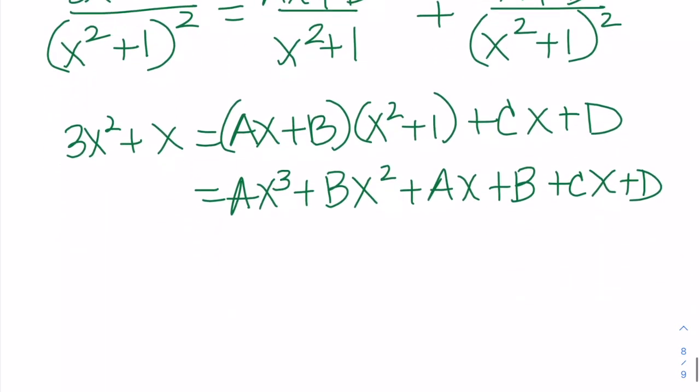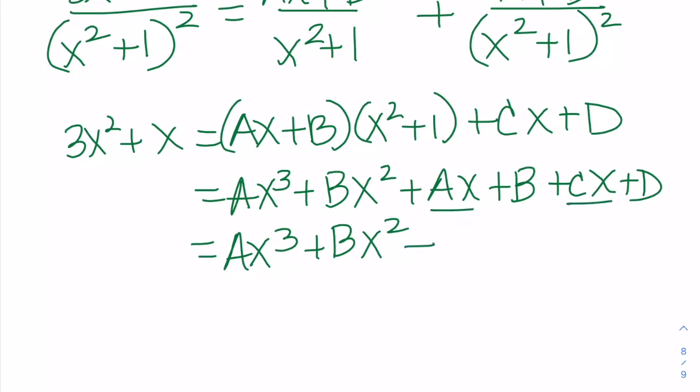Again, we're going to match these up. So on this side we have no x cubed. I'm just going to write this one more time here because I want to make sure that I get the x's together. So a plus c and then b plus d.